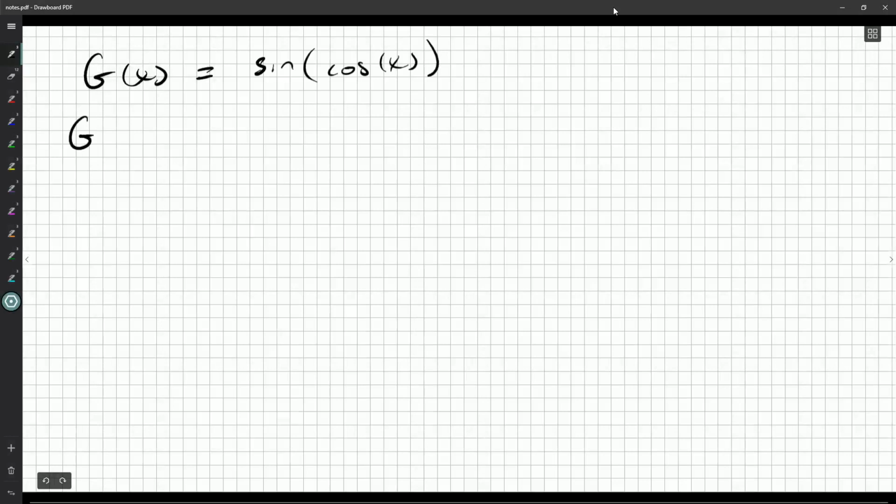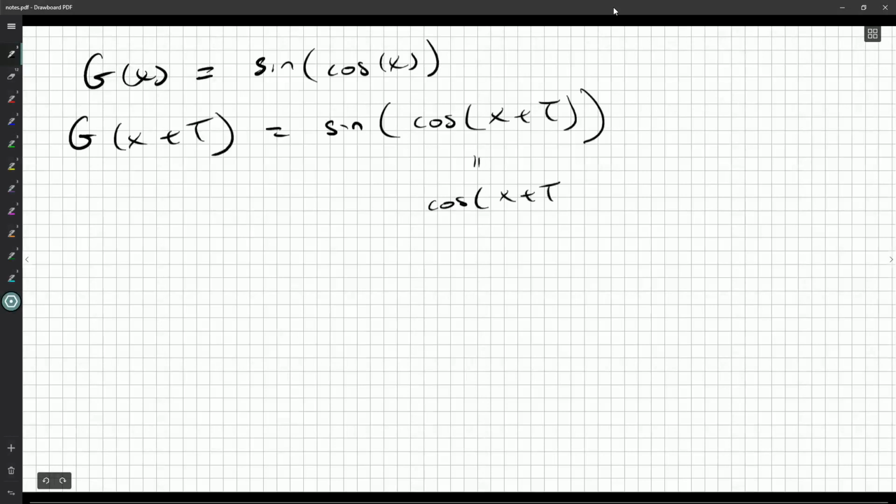Now, I want to just talk about any period for a moment, and then we'll start deducing the least period. I might have a strong urge to make this equal to cos x, and therefore t is going to be 2 pi. But let's think about this for a moment. There are properties of sine and cos that we might need to use.